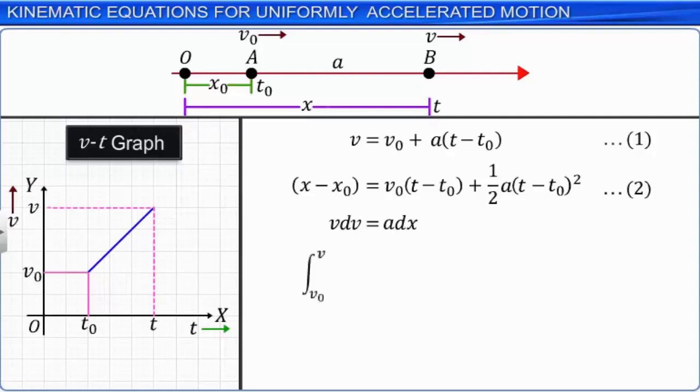This is equal to half (v square minus v naught square) equals a into (x minus x naught). Rearranging the equation, v square is equal to v naught square plus 2a into (x minus x naught). This is equation 3 of motion.